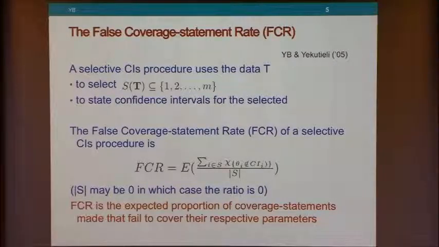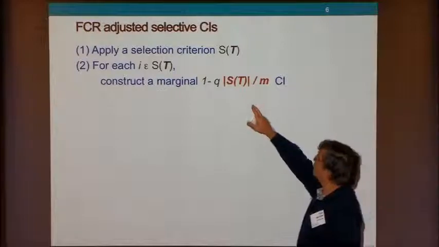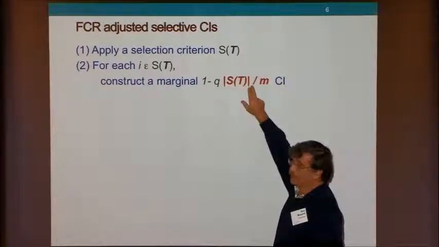Again, S may be 0, I may select nothing, in which case the ratio is 0, and FCR is the expected proportion of coverage statements made that failed to cover the respective parameters. And similarly, I have an FCR-adjusted selective confidence interval procedure, which surprisingly takes into consideration only the number selected.